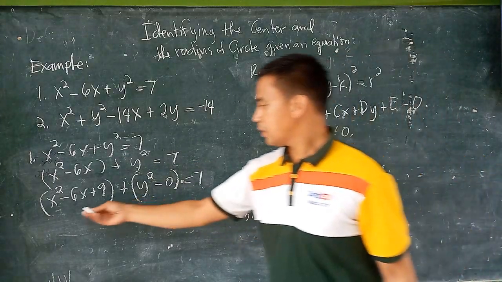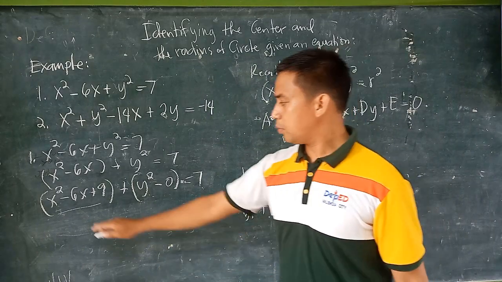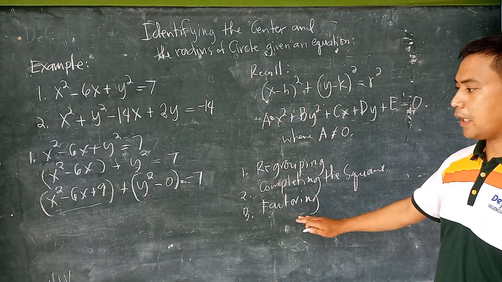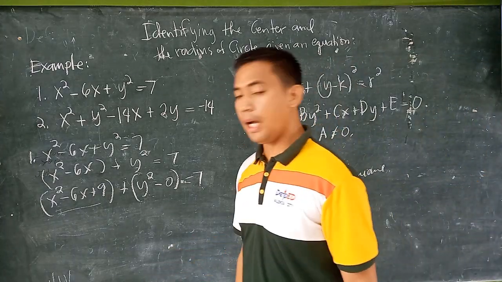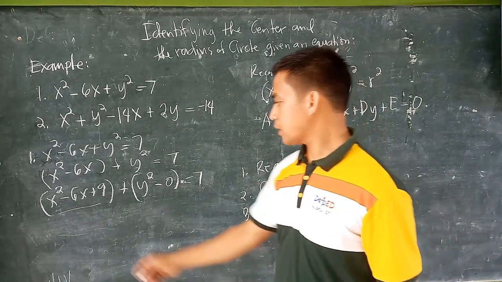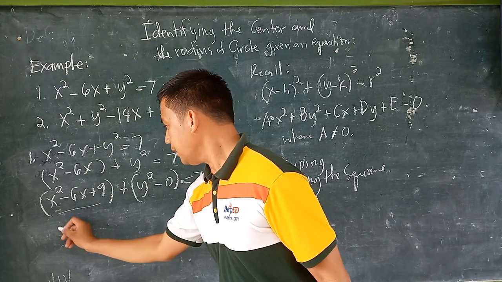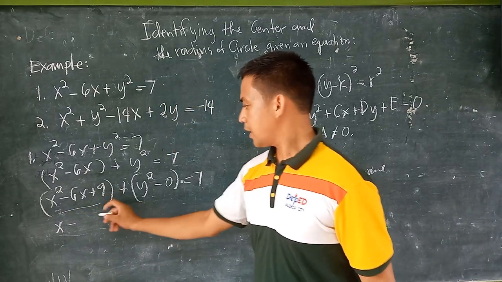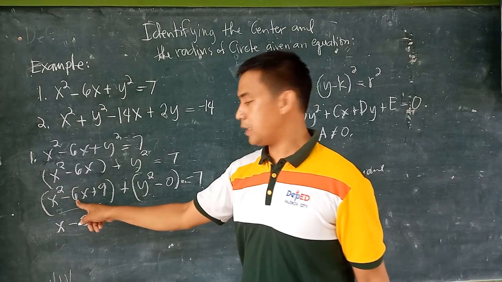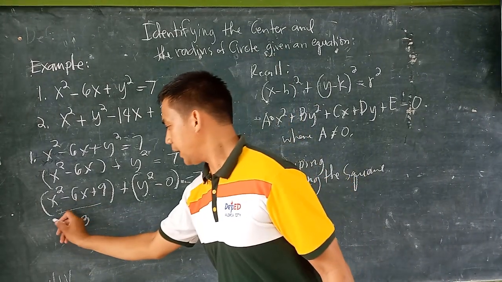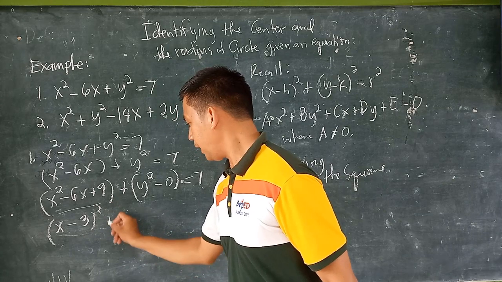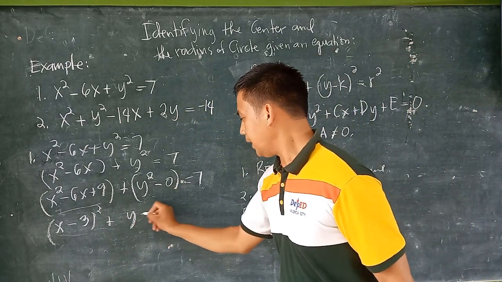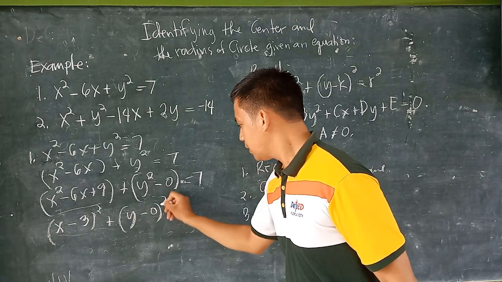Now we need to factor this out. After completing the square, we need to get the perfect binomial. So we have (x minus 3), since the middle term is negative 6, so that will be negative 3, quantity squared, plus (y minus 0) squared.